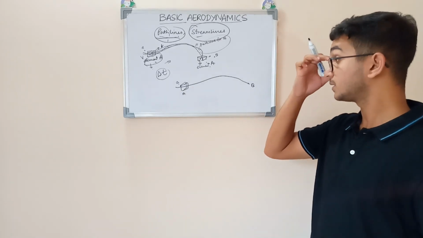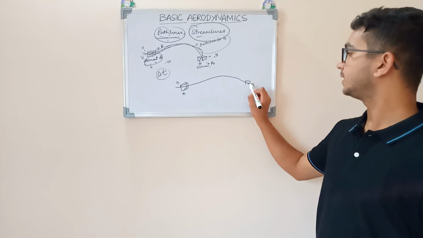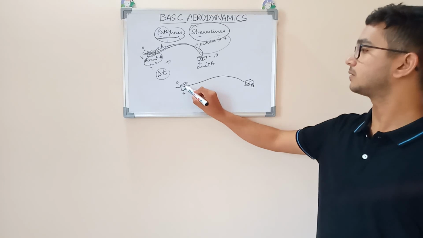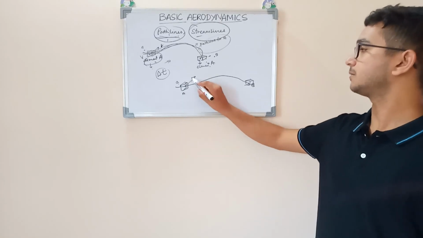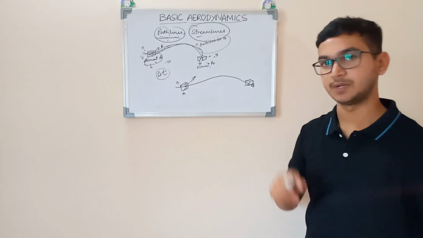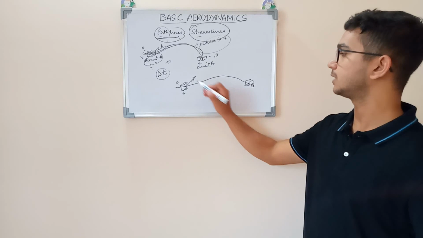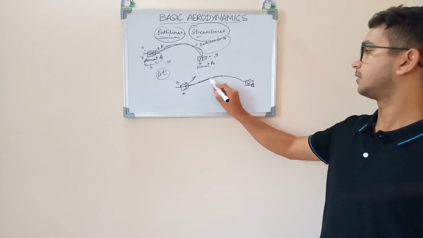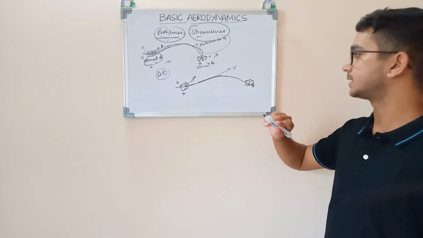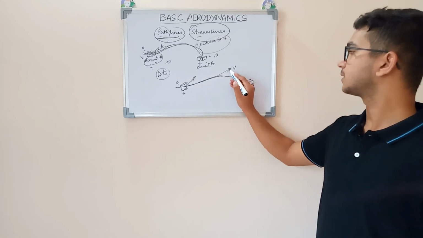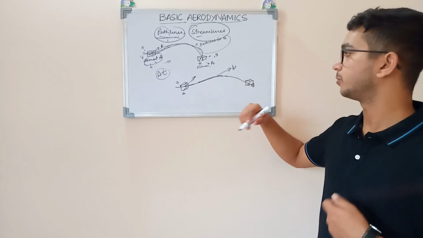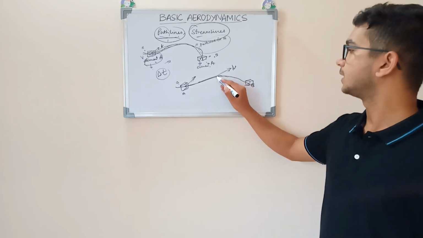In streamlines, when my body reaches a point B, if I draw a tangent to this curve, it indicates the velocity vector at that point. If this is the path line and I draw a tangent to this, it indicates the velocity. So, in a more precise way, the velocity vector at that point.